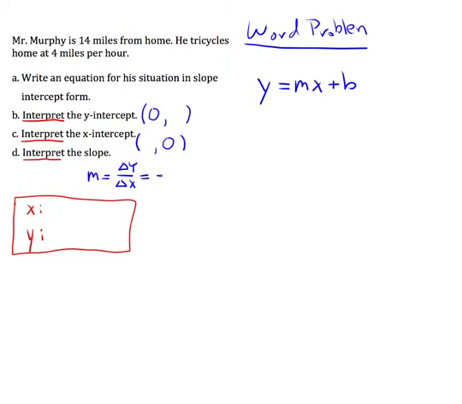But I know that my slope, when I do my slope and interpreting slope, I've used my words. So this miles per hour right here, oh, it's 4. That's my slope. So I'm going to put my slope of 4. Oh yeah, remember it's over 1. So we're going to do that.